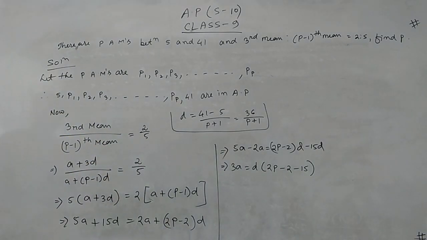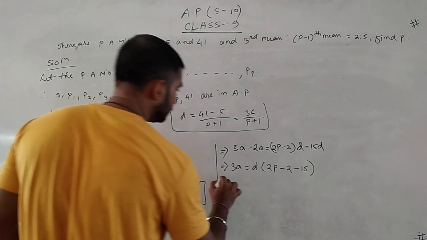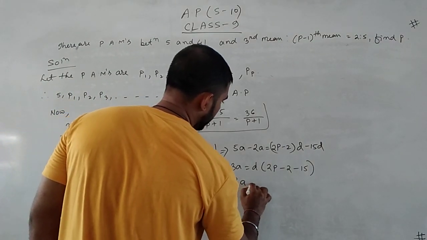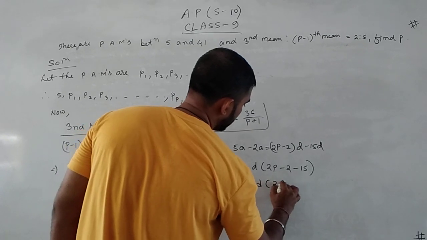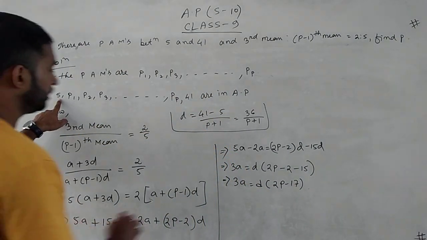Yes, correct. 5a minus 2a is 3a, 2P minus 2 minus 15 is 2P minus 17. So 3a equals d into (2P minus 17). Now what is a? a equals 5.